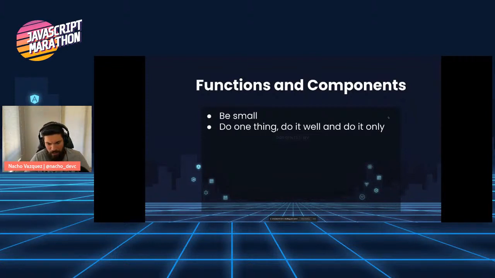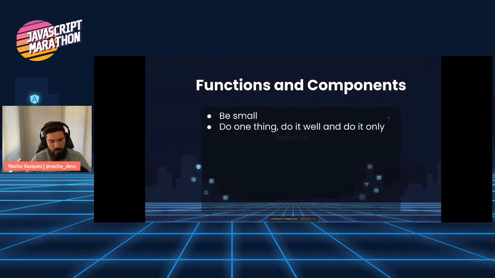One of the best ways of describing it, or not the only, but definitely an important one, is that functions and components should have only one level of abstraction. So we will try to avoid mixing levels of abstraction.